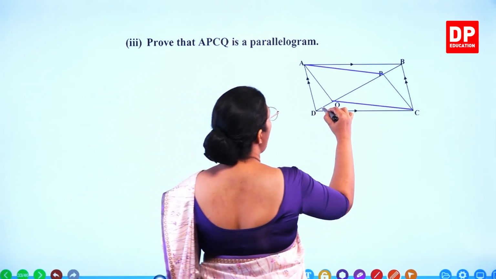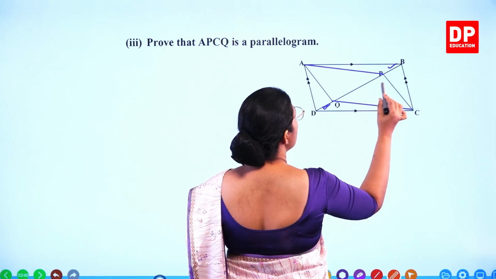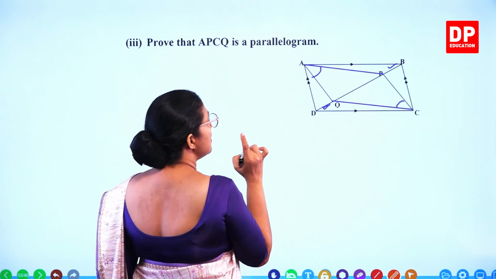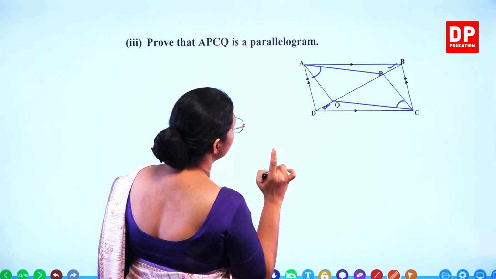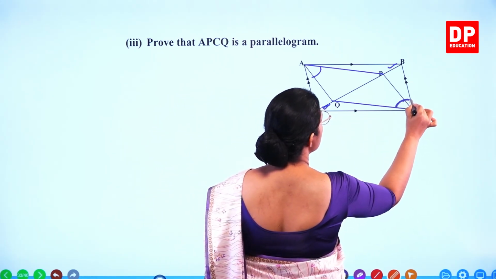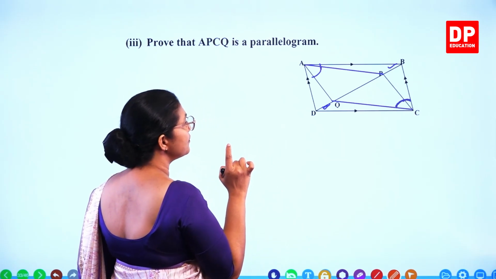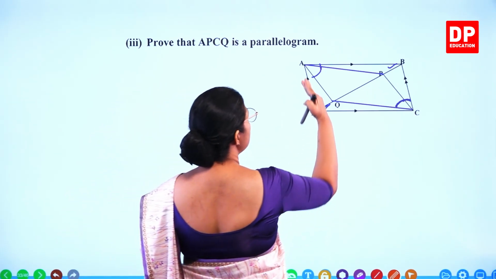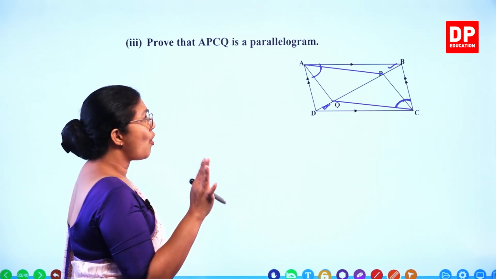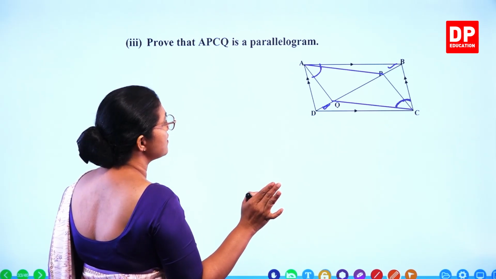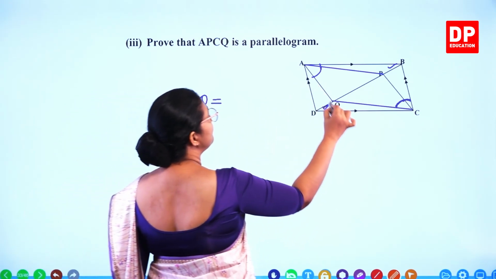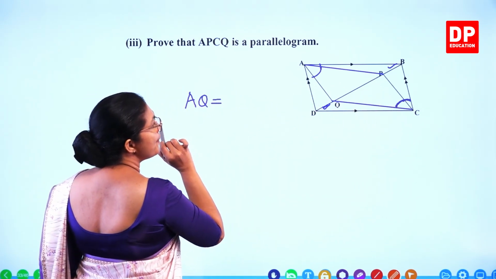From the property of congruency, what can we say? This angle we found, this angle. From that, this angle is equal to this angle. From that, we can say that these 2 sides are equal. That's the property of corresponding elements of congruent triangles. So straight away you can say AQ is equal to PC.